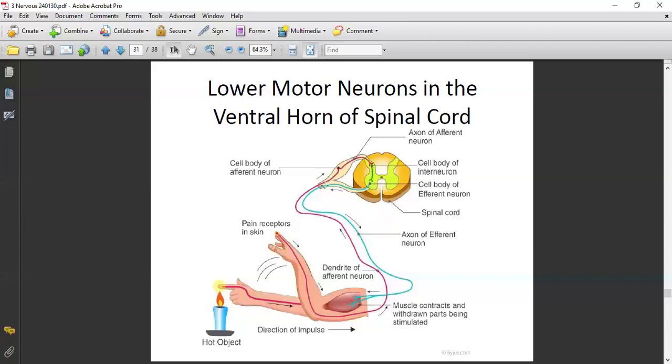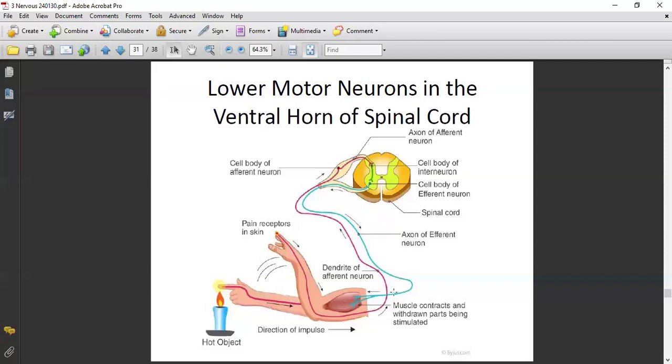So that's that. Now, when they send to the muscle, it's going to end at muscle cells. Here they form a synapse, because cells don't touch each other directly. They communicate through synapses, through chemicals.